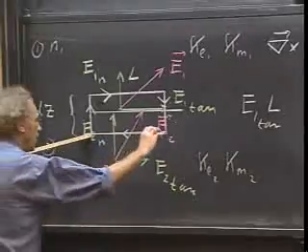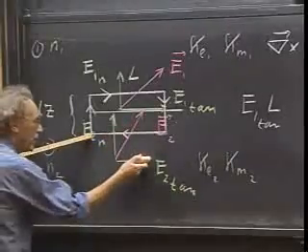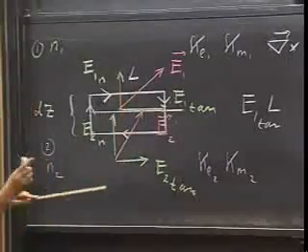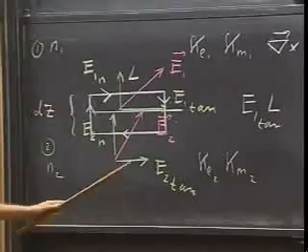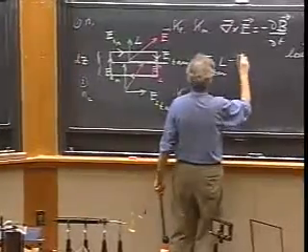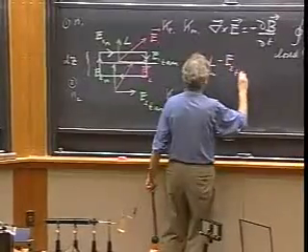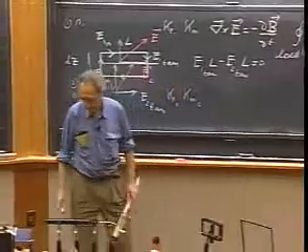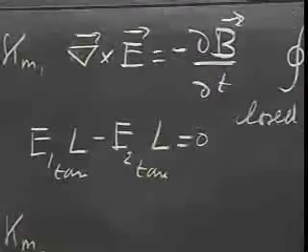Now my little dl is like so, but my E is now in the positive direction. So I get the product of L times this, but now I get a minus sign because dl and E are in opposite directions. So now I get minus E2 tangential times L equals 0. And so, oh, it's not 0. Not yet. It is 0, but not yet.